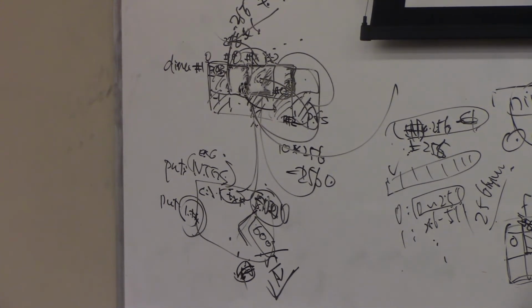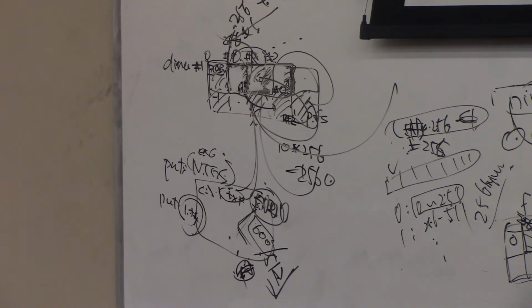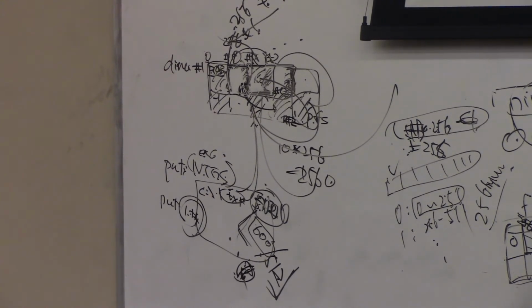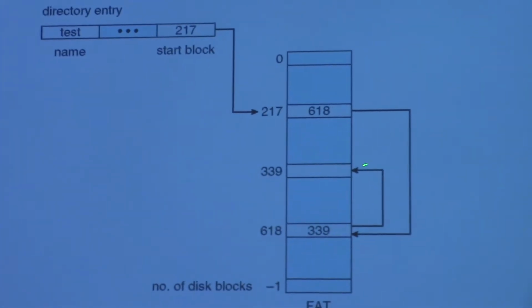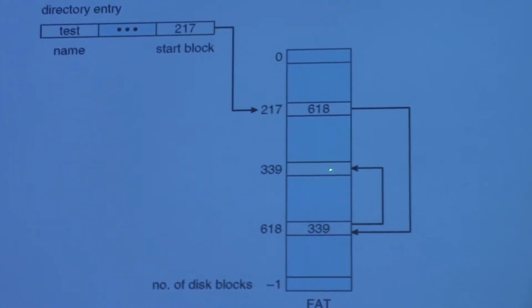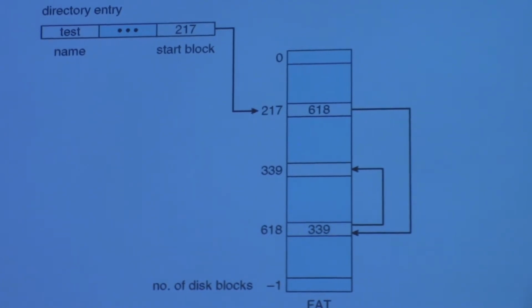For example, FAT used this linked allocation. In the directory structure there is the starting block, and next until the end. In this case, sometimes we don't have to manage the end of the block. Instead, we always read until the very end.